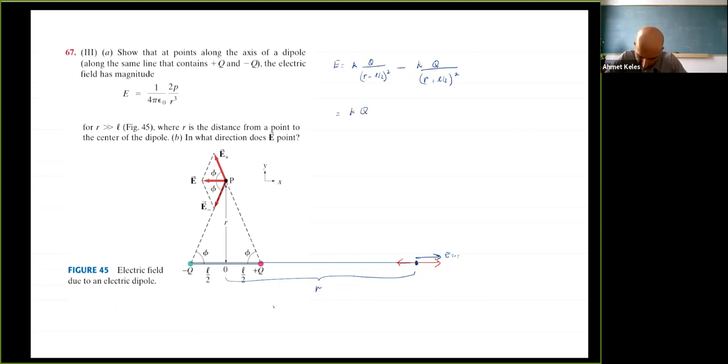Okay, let's do some algebra. Open bracket. So this is going to be R plus L over 2 squared minus R minus L over 2 squared, divided by R minus L over 2 squared times R plus L over 2 squared. Close.